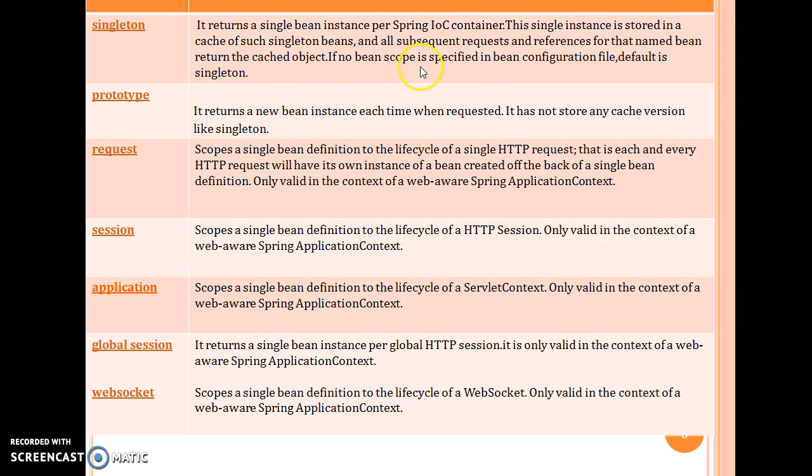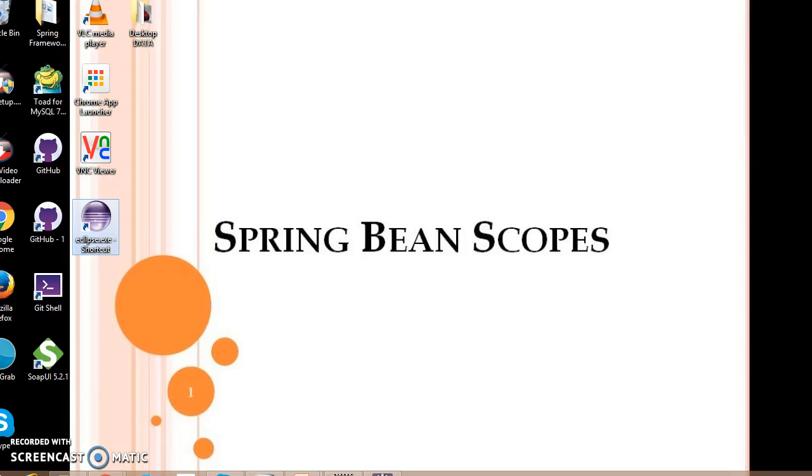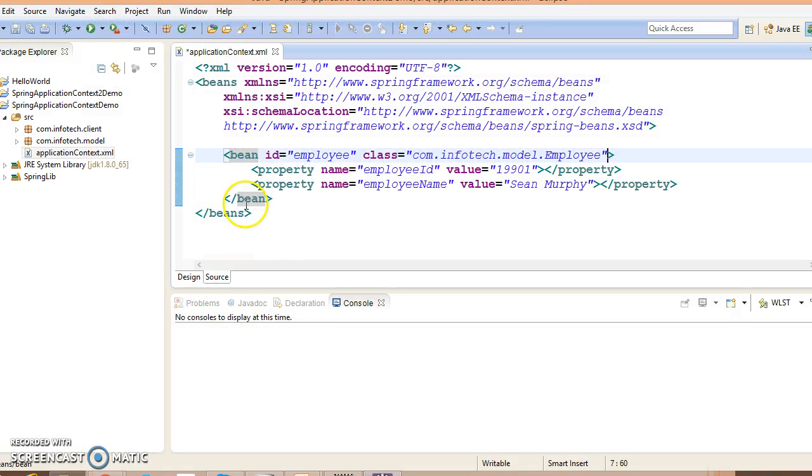If no bean scope is specified in the bean configuration file, the default is singleton. If you configure your bean in your configuration file and you do not specify any scope, then the default scope is singleton. So let me show you. This is the Spring project which we had created in a previous tutorial.